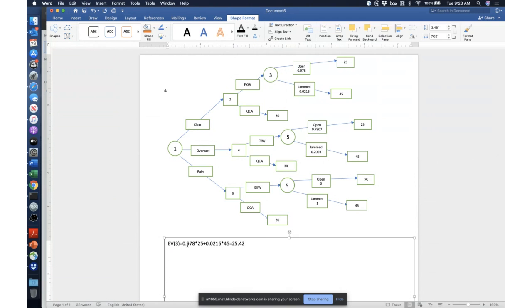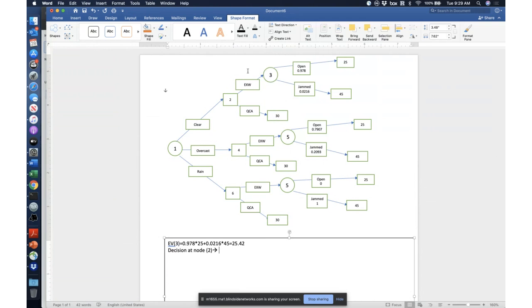So here there are two options. At decision point 2, the decision at node 2 is, if you take the expressway, it's going to take you 25.42 minutes. If you take Queen City Avenue, it's going to take you 30 minutes. The expected time for the expressway is lower than this number because this is 25.42 and this is 30.